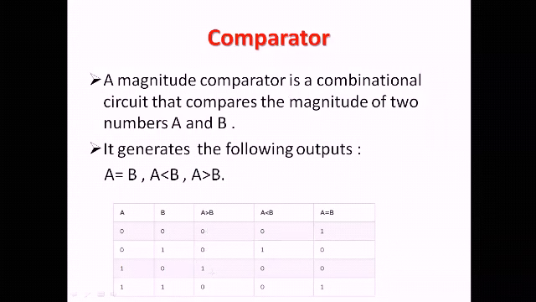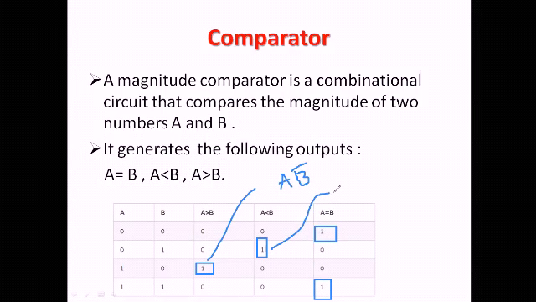So here it is 1, this is 1 and this is 1 and 1. So what you can write from this can be written as A and B bar. Why? Because this is 1 when A is equal to 1 and B is equal to 0. So the expression of A greater than B will be equal to A dot B bar.